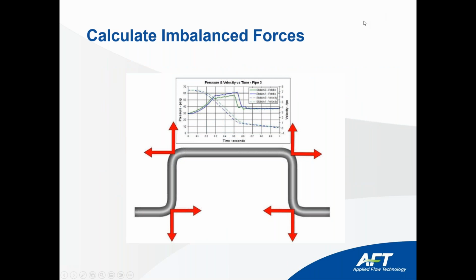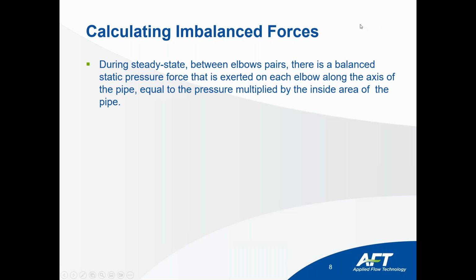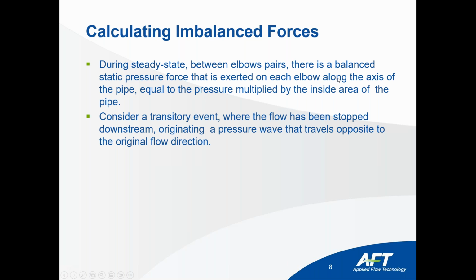So how is imbalance force generated by the Waterhammer event? During steady state between elbow pairs, there's a balanced static pressure force that is exerted on each elbow along the axis of the pipe. It's balanced, it's not moving, and the force is equal to the pressure multiplied by the inside area of the pipe. Now, consider an event where the flow has been stopped downstream by any cause, like closing a valve or a pump trip.